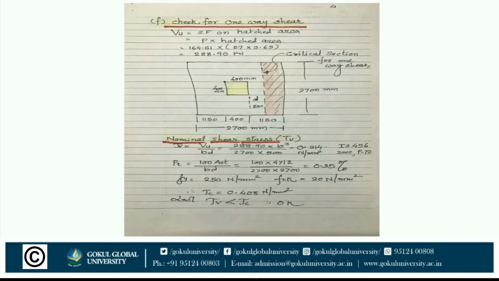Now check for one-way shear. For one-way shear, critical section is taken at distance d from the face of the column.